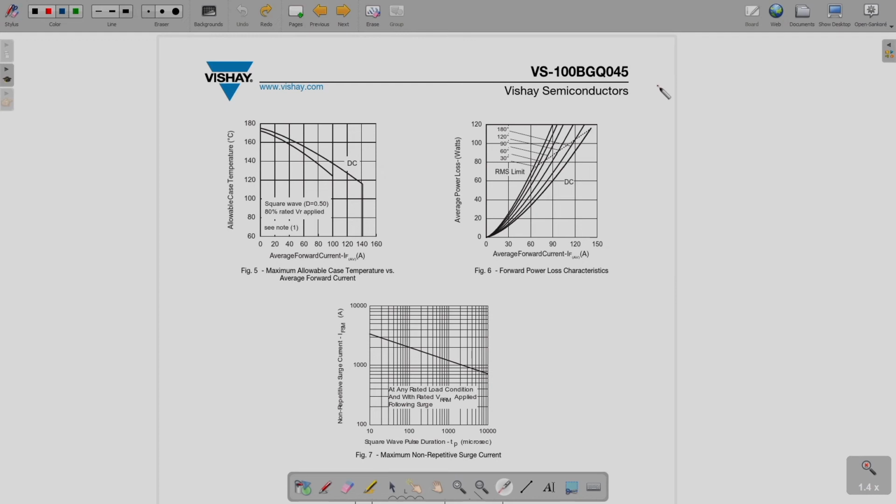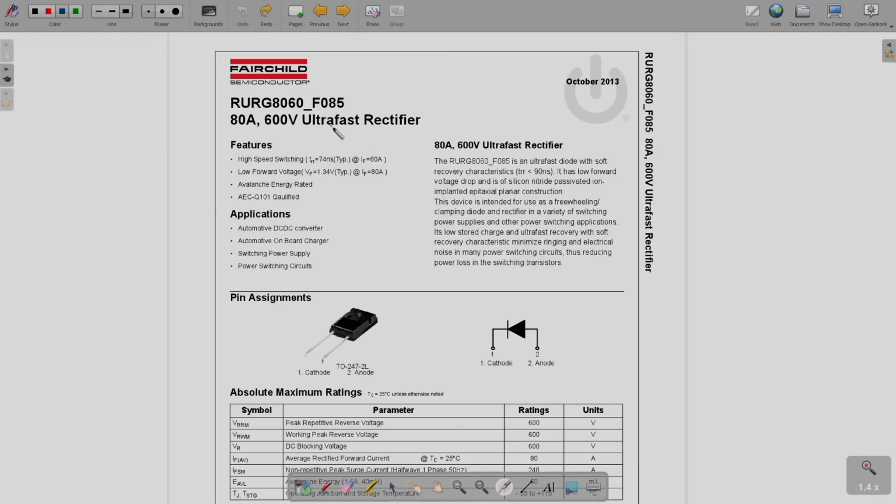So, it depends on the type of the diode and the application of the diode. Some of the specifications will be given, some will not be given, and also performance curves. Some data sheets will have some curves and other data sheets will have different curves. It all depends on the type of the diode and the application.